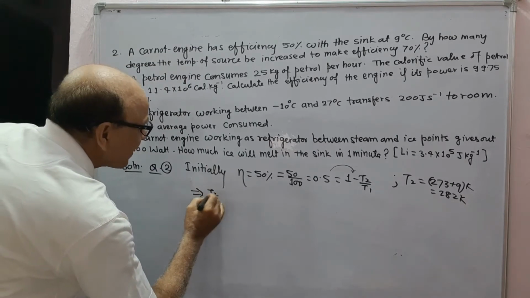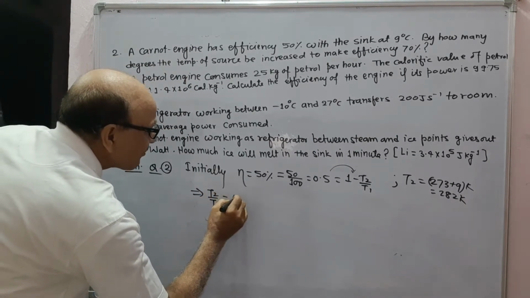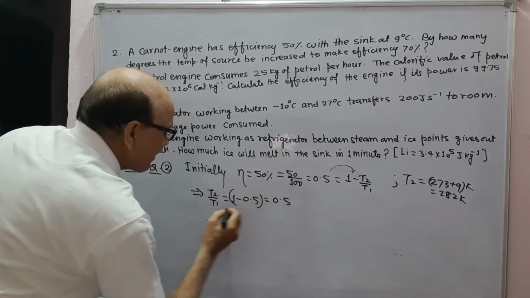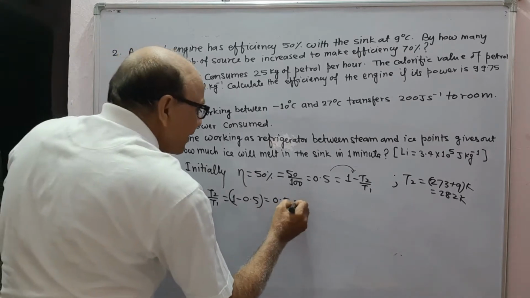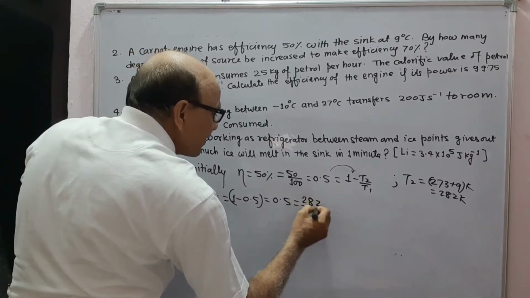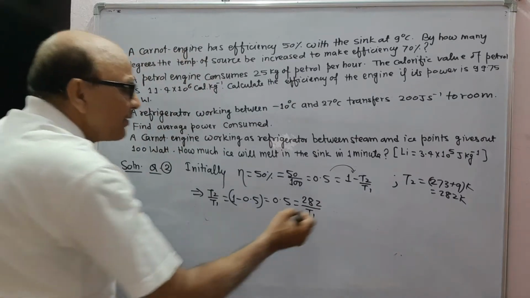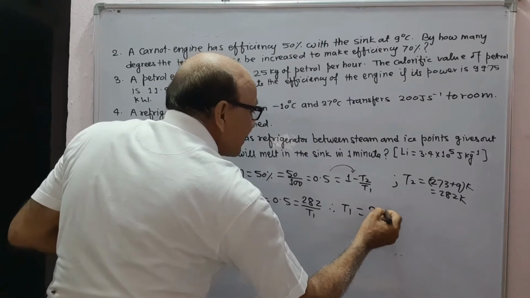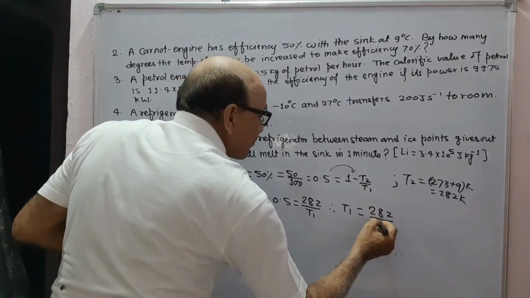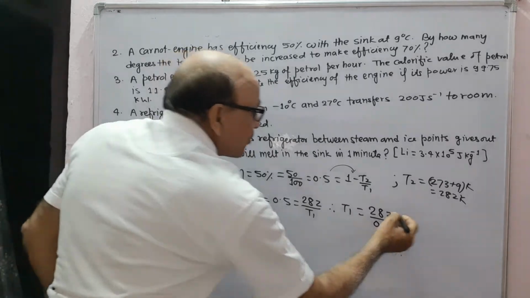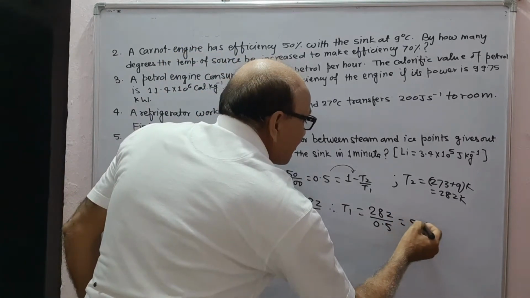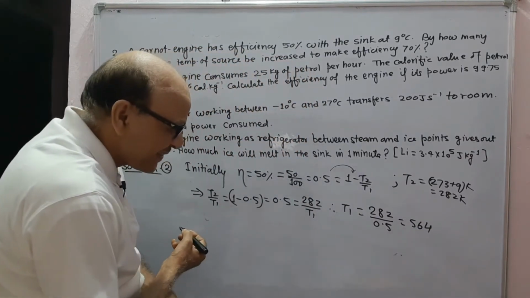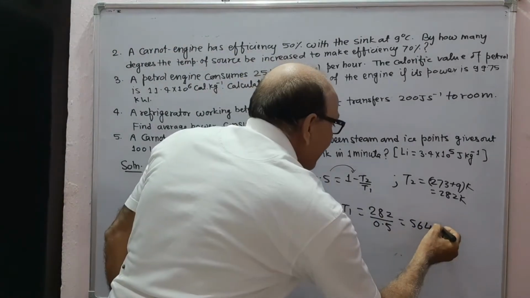So T2 upon T1 will be equal to 1 minus 0.5, that is 0.5 and T2 is 282. So we get T1 equal to 282 upon 0.5, that is 564 Kelvin.